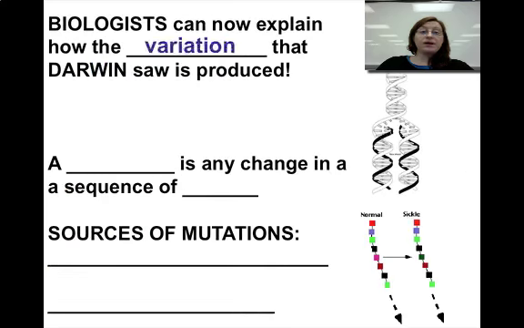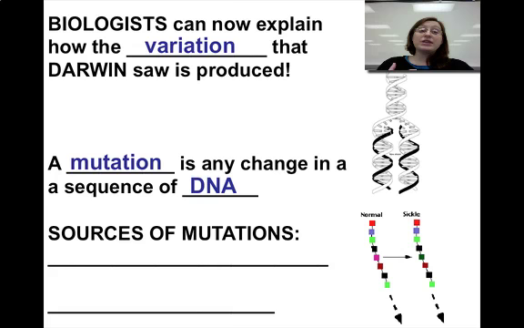Now, when Darwin was coming up with all of this idea, he had no understanding of genetics or DNA. He certainly did not understand anything relative to mutations as specific within the DNA code.